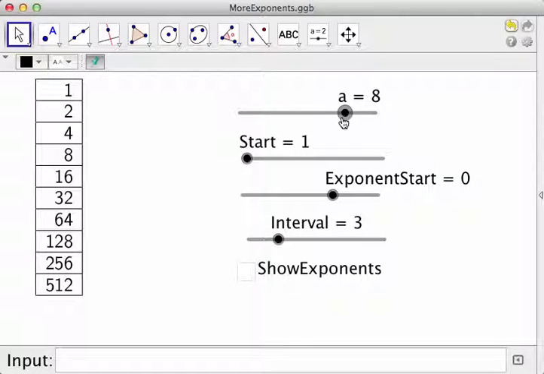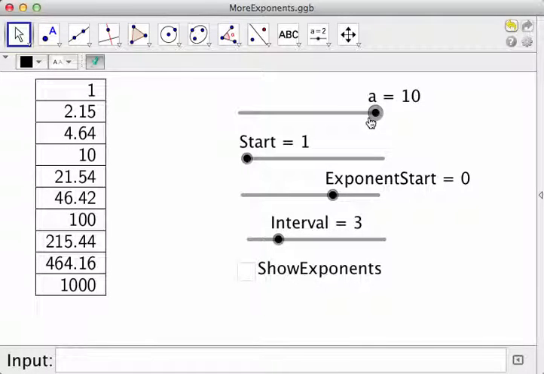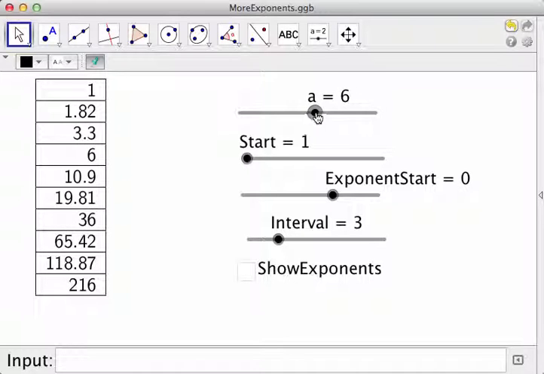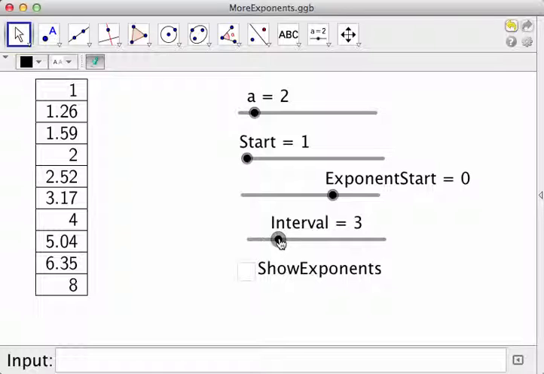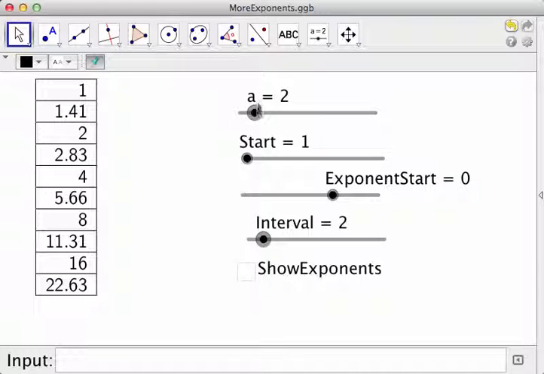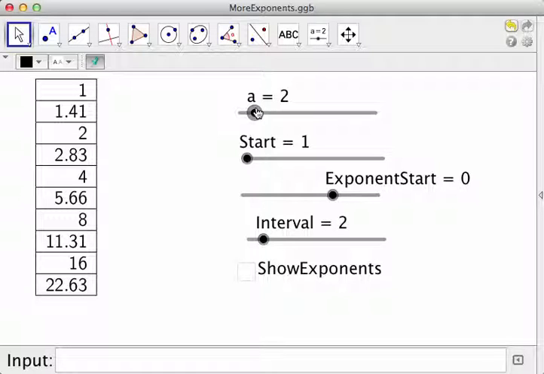Notice what happened when A got to a value of 8. Let me set interval to 2, and notice where we get all integers.